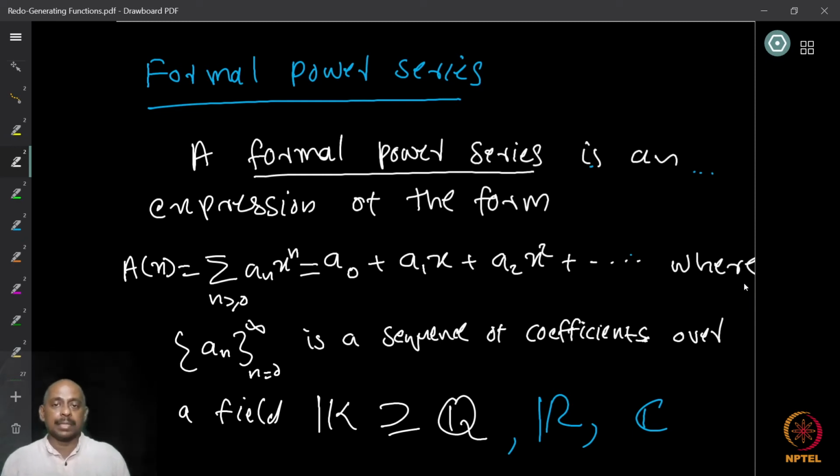A formal power series is an expression of the form summation a_n x raised to n, where the sequence a_n is a sequence of coefficients, elements from typically a field.